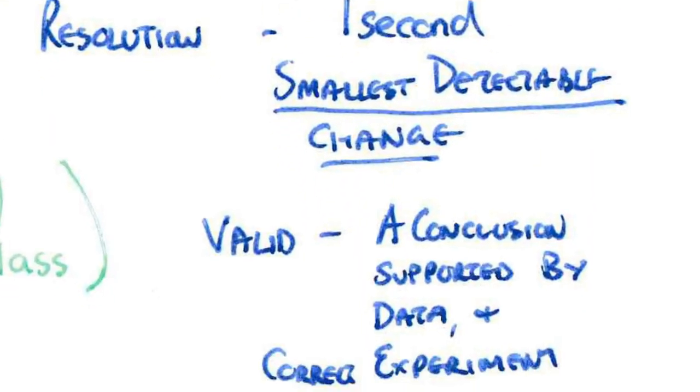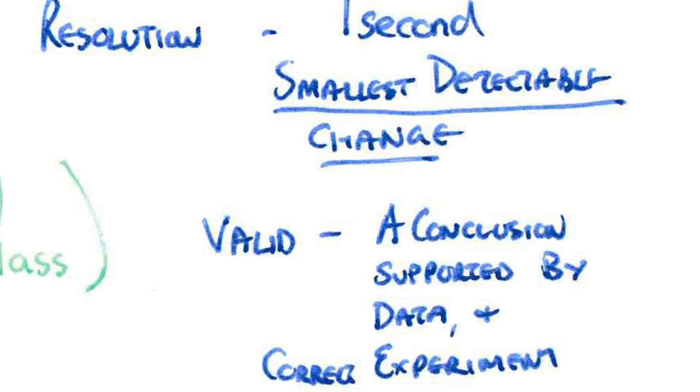Resolution is, what is the smallest detectable change in the instrument? So in this experiment, we're talking about time. Well, probably the smallest time you could get would be like 0.01 of a second if you were using a stopwatch. So that would be a resolution of 0.01 for the stopwatch. For the thermometer, it's likely to be 1 degree C, the smallest change detectable.